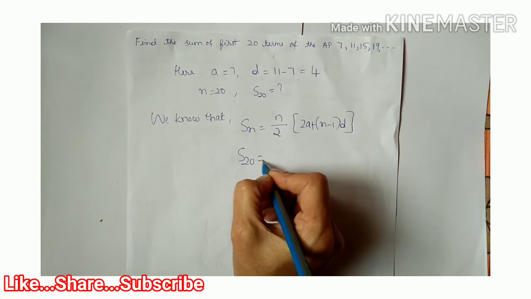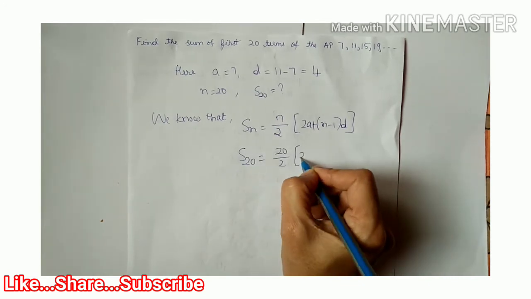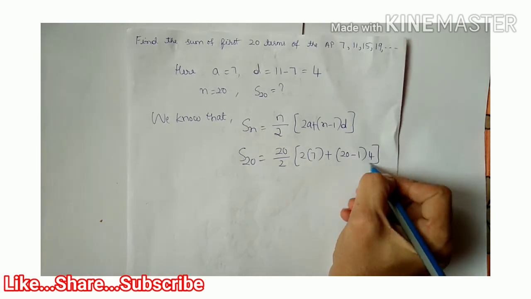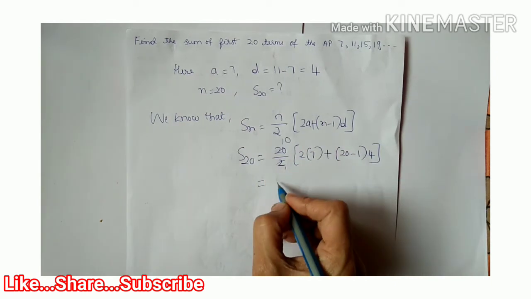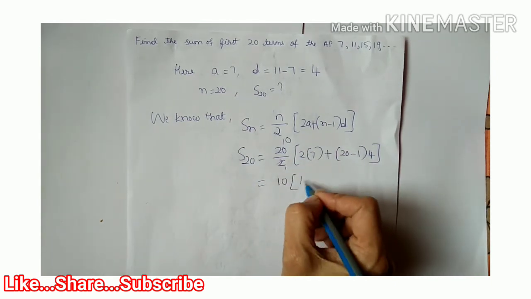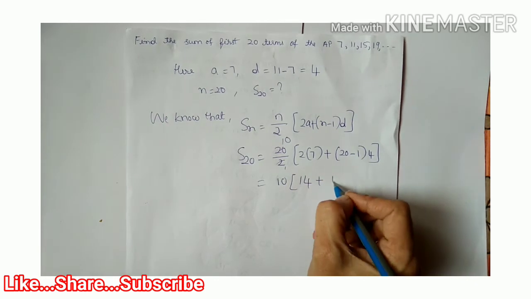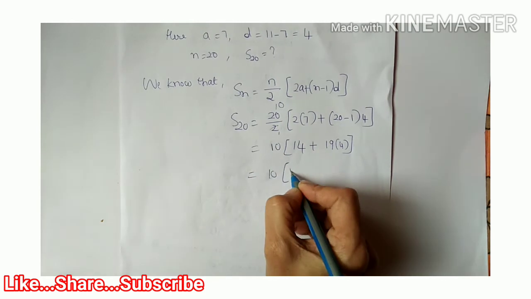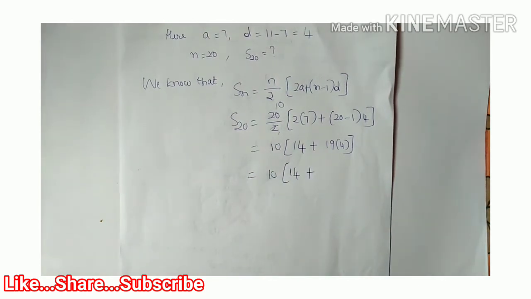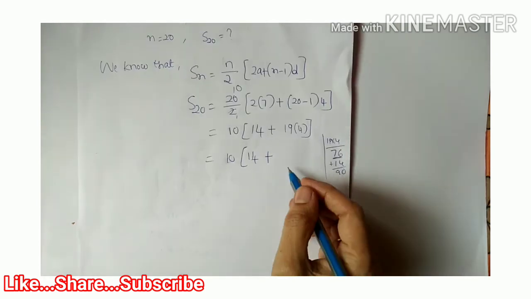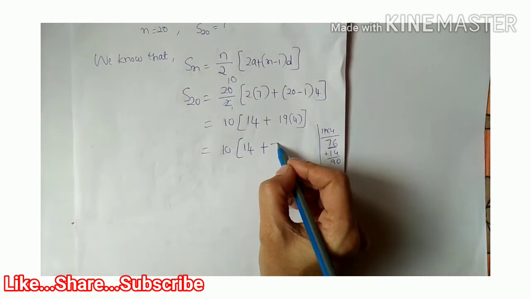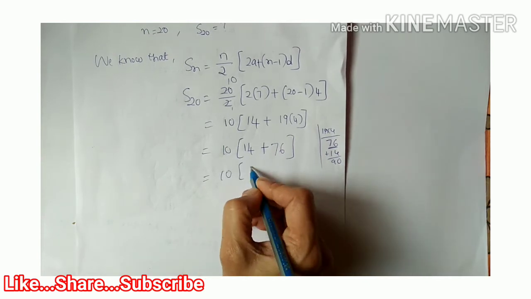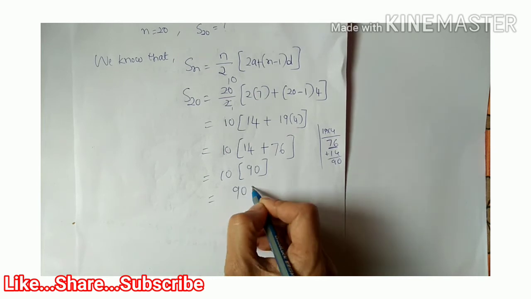S20 = 20/2 [2 × 7 + (20 - 1) × 4]. 2 ones are 2, 10; 2 sevens are 14; 20 - 1 is 19, 19 into 4 is 76. 76 + 14 is 90, 90 into 10 is 900.